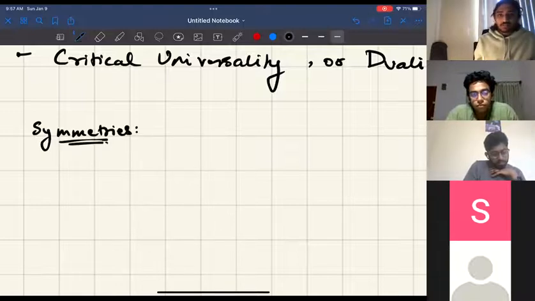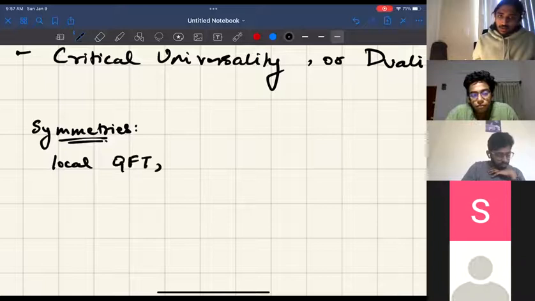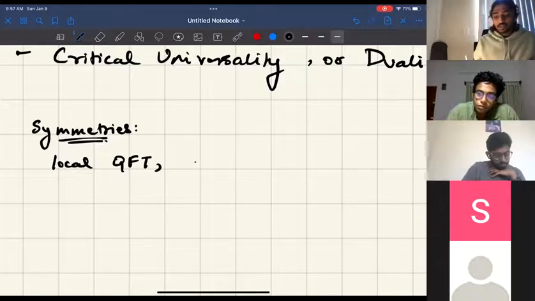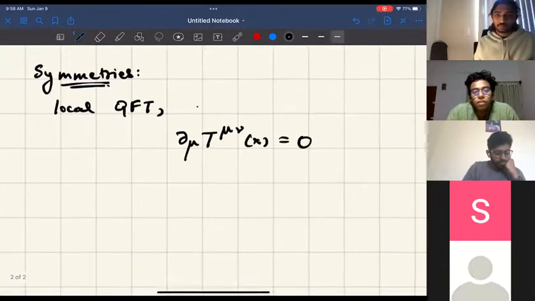So for a local QFT, we can have a look at the stress tensor. You know that the QFT must have a conserved stress tensor. What does that mean? It means the divergence is zero.